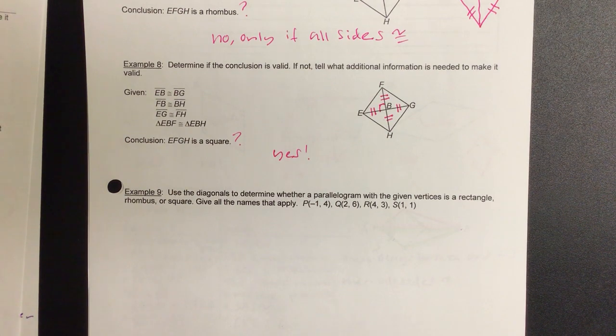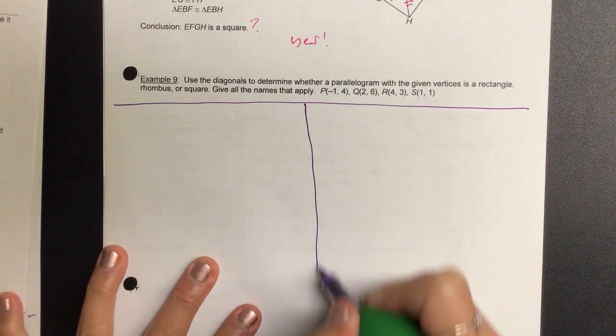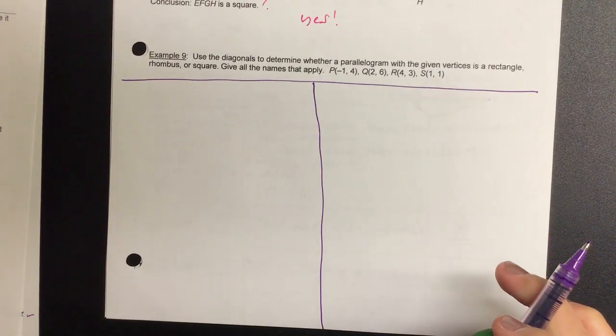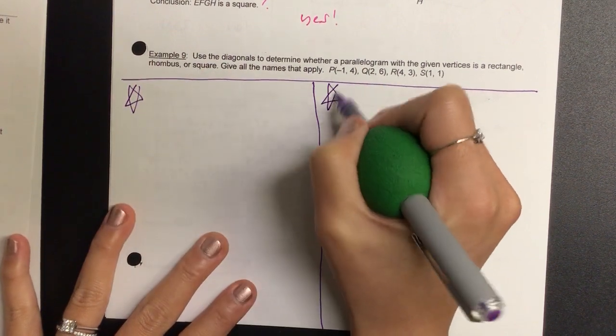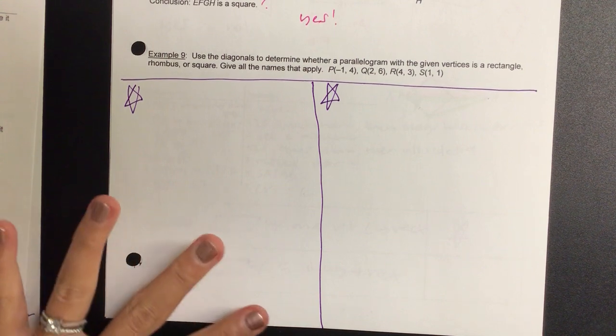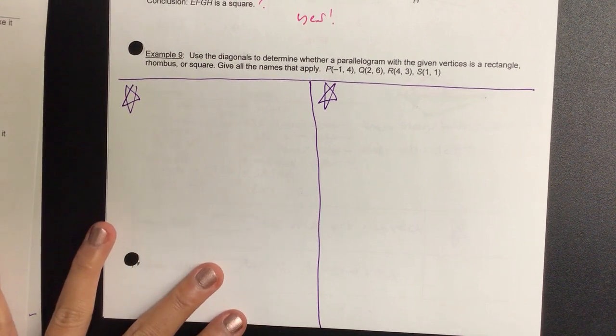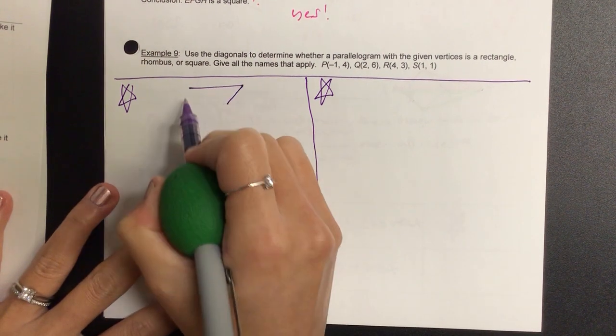I want to mention something that could possibly be most missed on a quiz or a test. Put a star on this one. So hopefully you'll go back and study your notes. Okay. What symbolic notation am I allowed to use instead of writing out parallelogram? Drawing it. So here's my parallelogram.